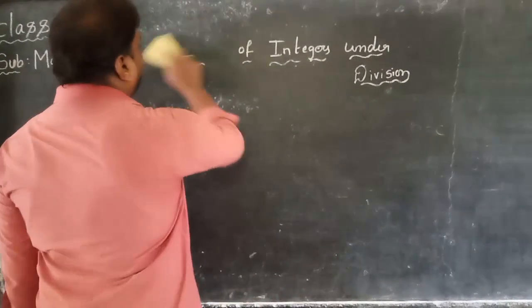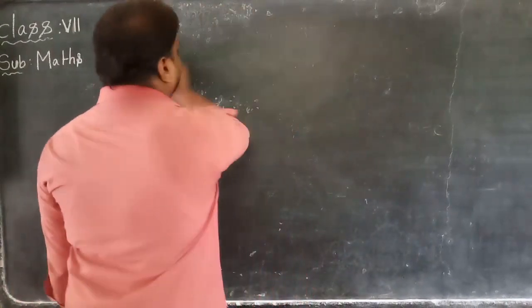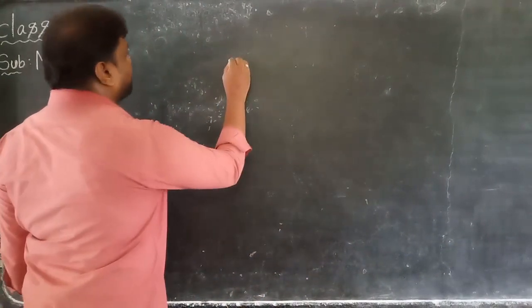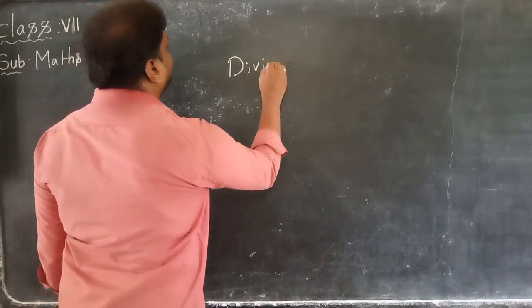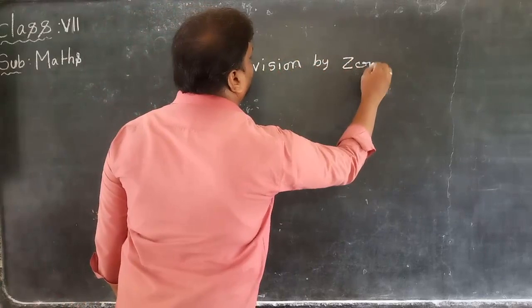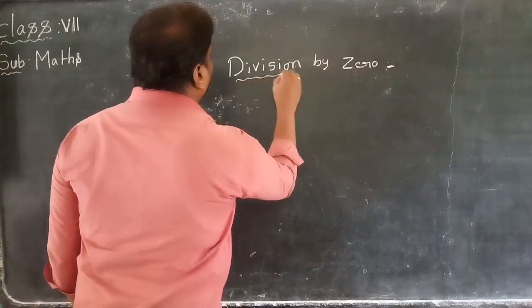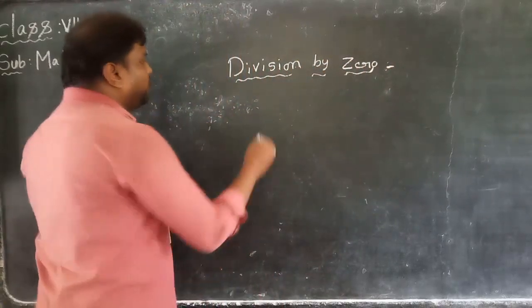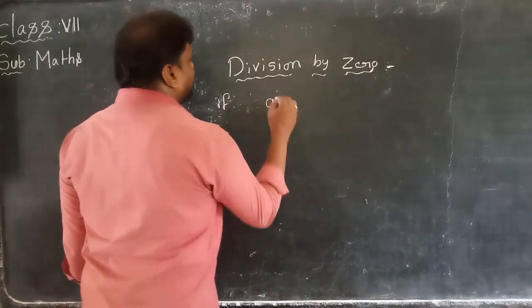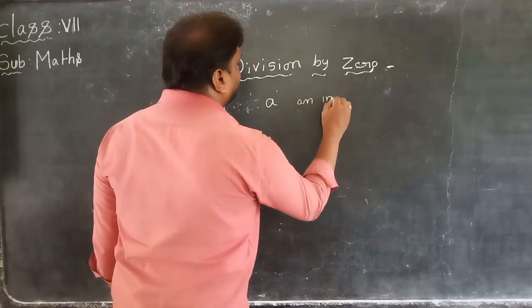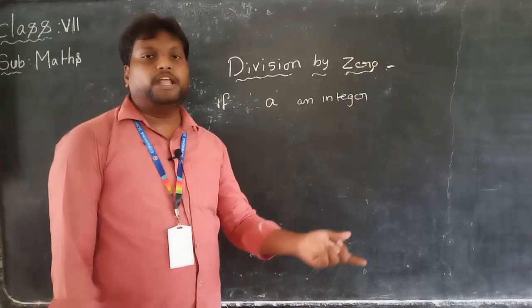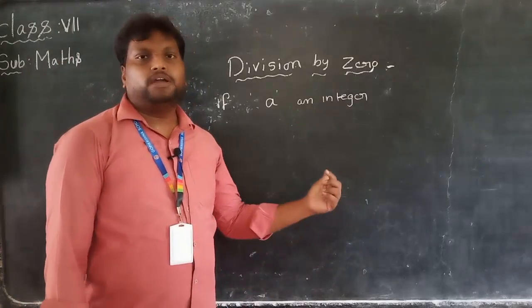Not only this, we have some more properties. Division by 0. For any whole number, we already know that division by 0 is not defined.